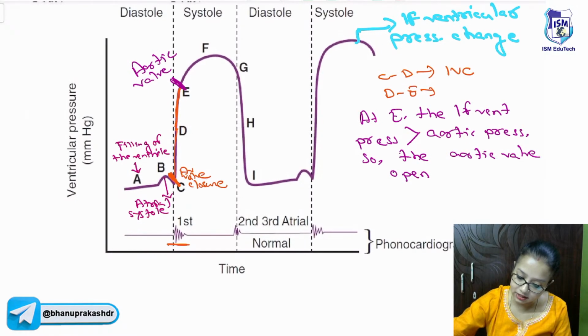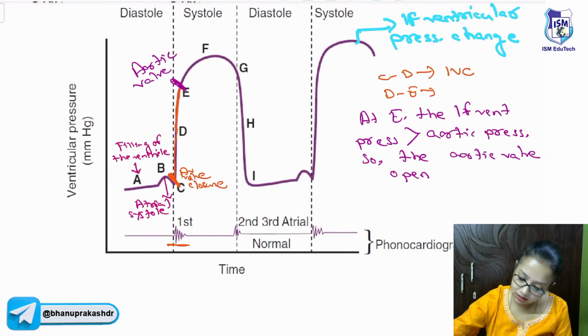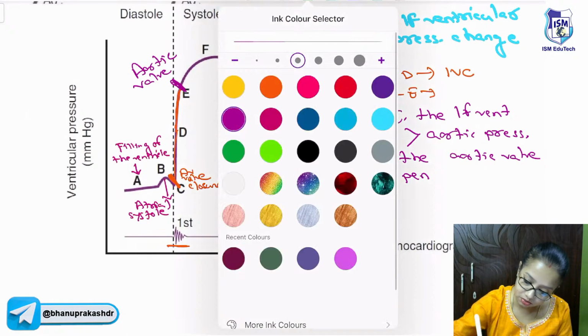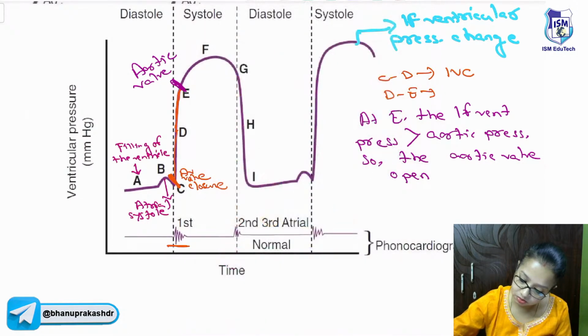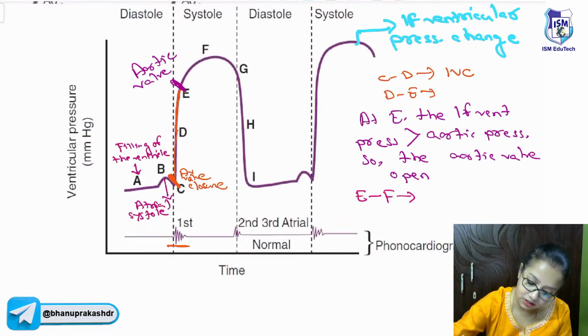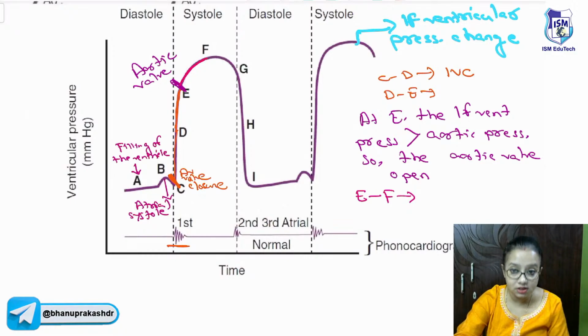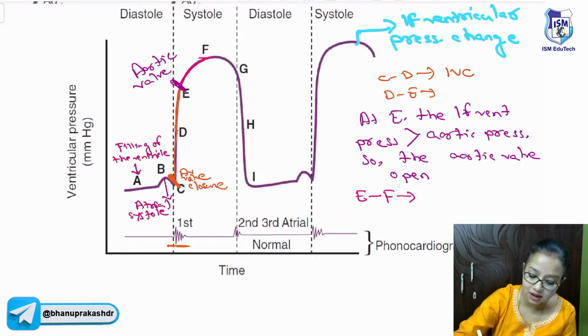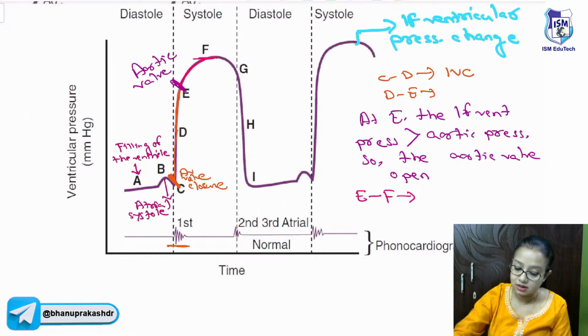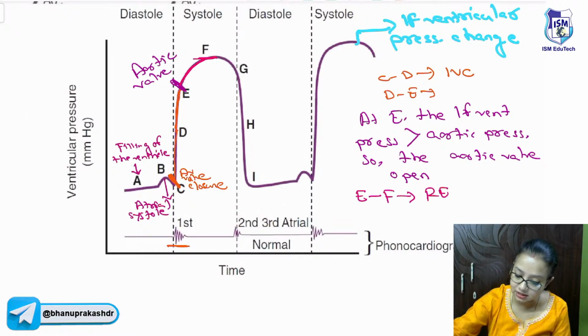Now, the segment E to F. As we can see here, the ventricular pressure continues to increase until it touches the maximum point F. This E to F is where rapid ejection from the left ventricle happens.